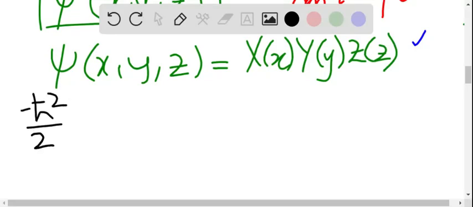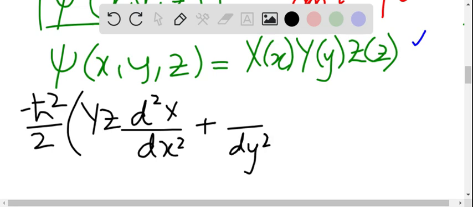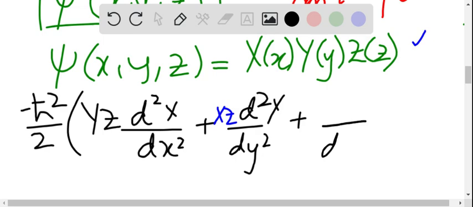So h-bar square divided by 2 Y Z. Why we are not writing Y Z over here is because we are taking the derivative with respect to x. Okay. So next, as we are taking the derivative with respect to y, over here we would have X Z, and over here we would have d square Y, plus, again, as we are taking the derivative with respect to z, we would have X Y over here, and over here we would have d square Z, right?